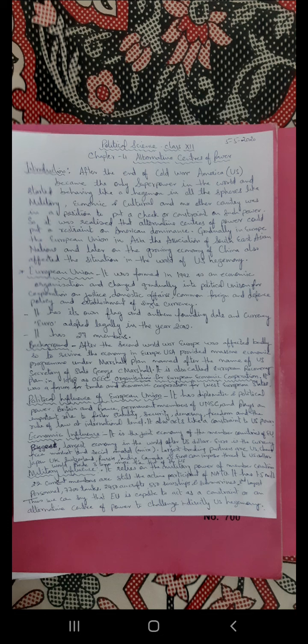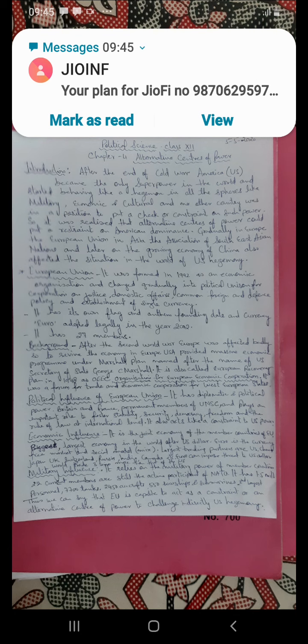It has the mixture of economy, free market, as well as social model, and it has largest trading partners also like US, China, Japan, UK, Switzerland, Russia, India, Canada, etc. And the world trade is 3 times more than that of the US.